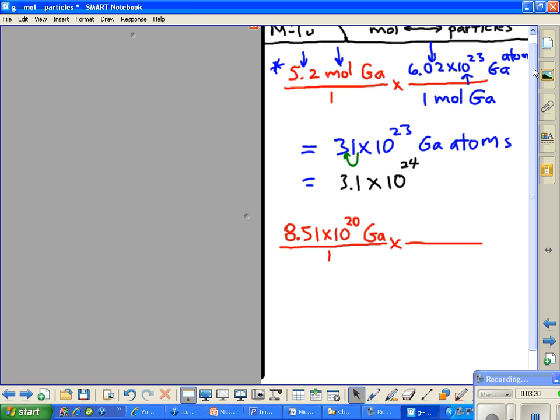The second one down here, we're going the opposite direction. And so we're going to take the fraction as it looked up here, and we're going to turn it upside down. So here's the 6.02 times 10 to the 23rd atoms of gallium.